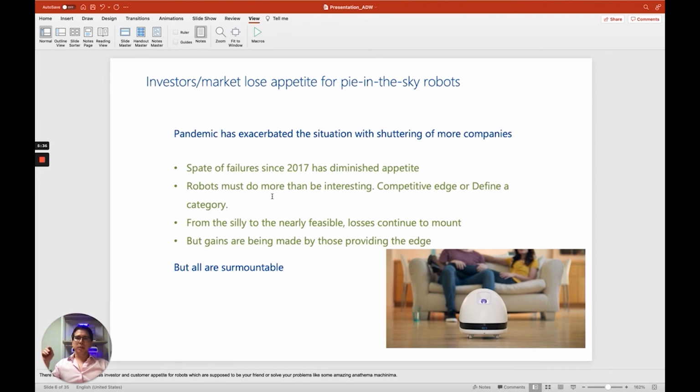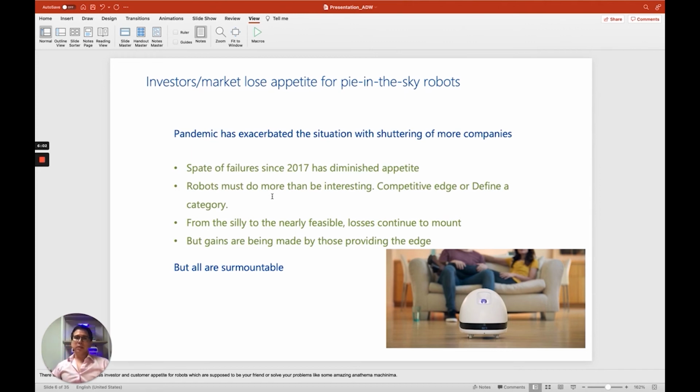The pandemic has only exacerbated the situation with the shuttering of more companies. The spate of failures since 2017 has diminished investor appetite, and ultimately robots must do more than simply be interesting. They need to have a competitive edge in what they're doing, or they need to define a new category.